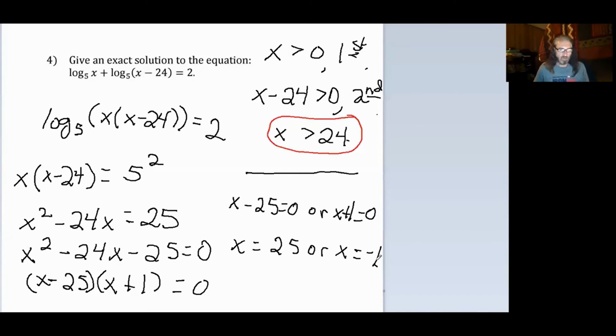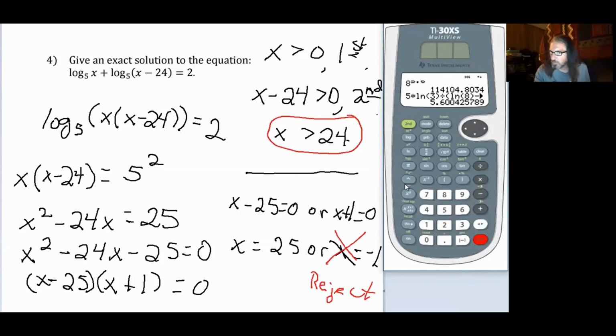Now, if I hadn't talked about this in advance, I wouldn't know that the negative 1 needs to be rejected. I'll show you what happens if we try to plug in each into the calculator and how only the 25 is going to work as a solution. So if I put in 25, I'm going to have to use change of base.